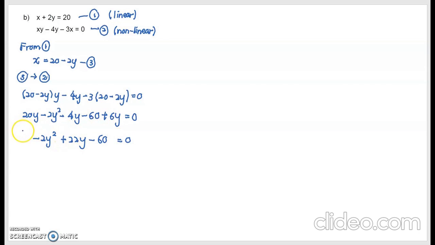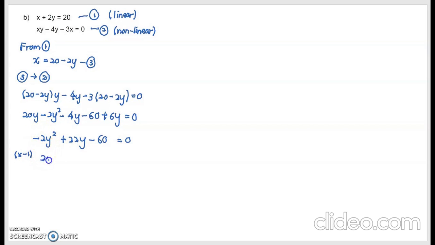As I mentioned before, first we have to make sure that the right hand side is equals to 0. Next, we have to make sure that the coefficient of the quadratic term is positive. Here it is negative 2, so I multiply by negative 1 in order to become positive.